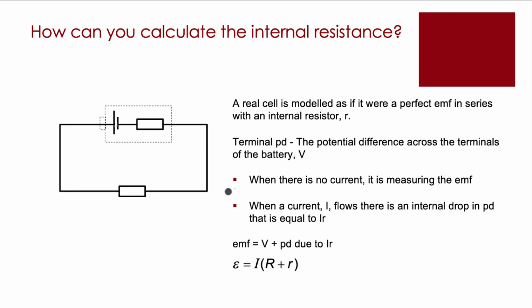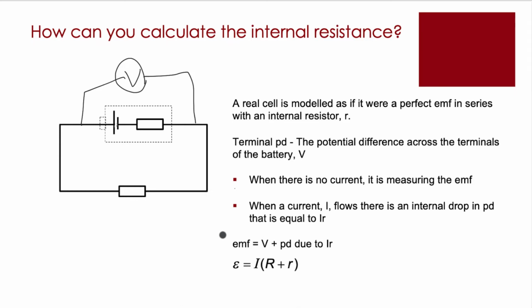As I said before, when there's no current flowing, if I had my voltmeter here, I'd measure my EMF. When there's a current flowing, it's going to drop, and my terminal voltage will now be less than the EMF. So what I've got here is Kirchhoff's law.